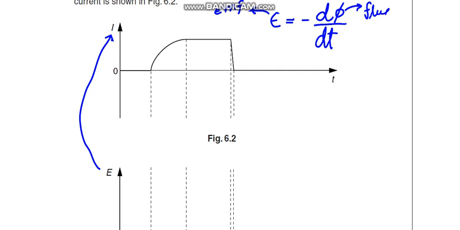So the rate of change in flux is equal to this induced EMF with a negative sign.